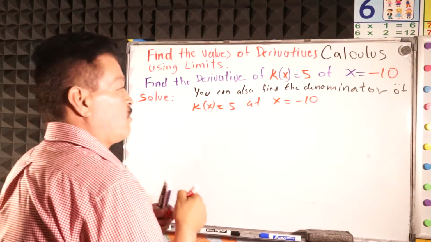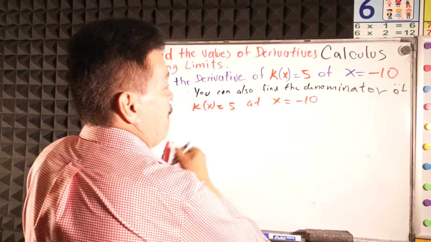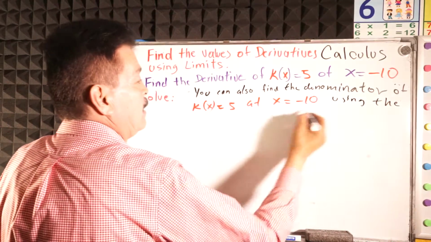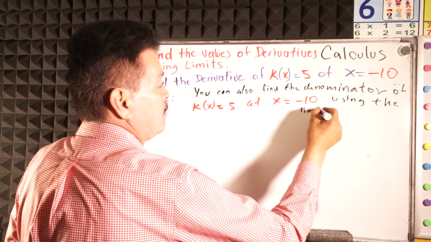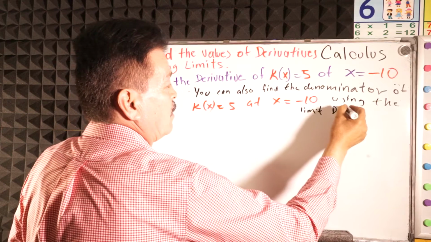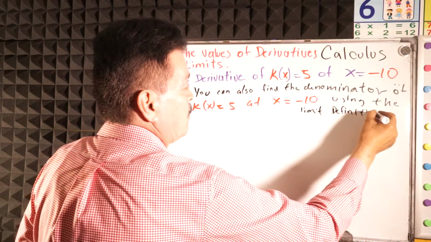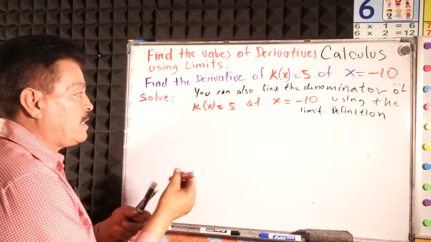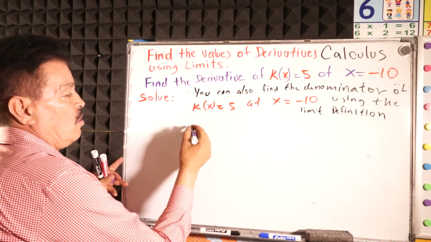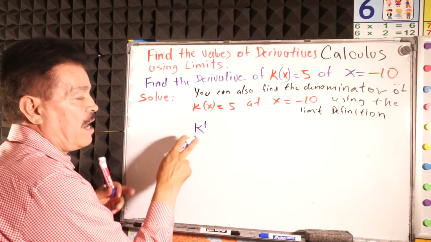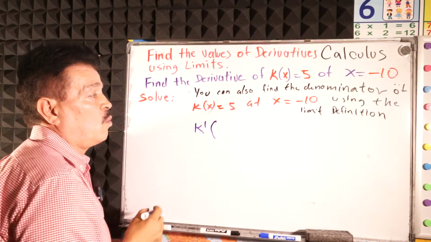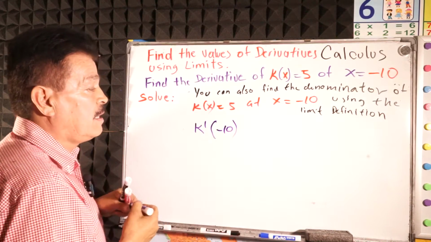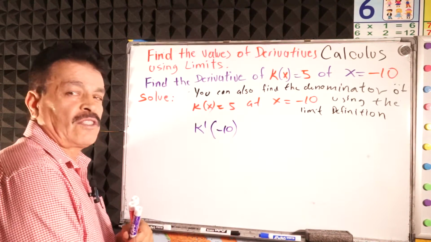Using the limit definition to try to find the answer. Alright, so let's go. So first step, k prime of what? Of negative 10. Right? So next step is just follow the steps.